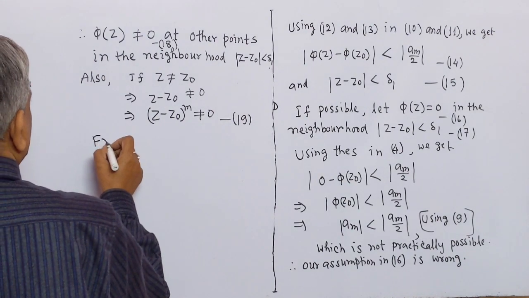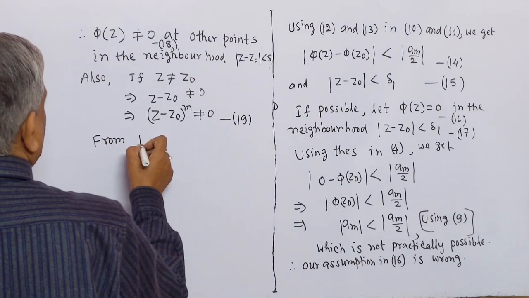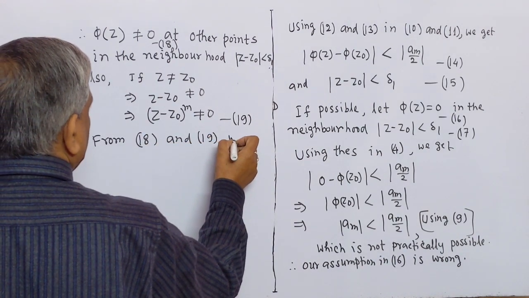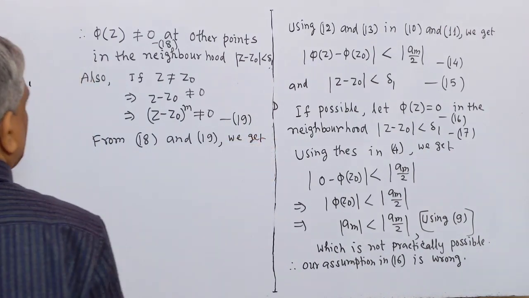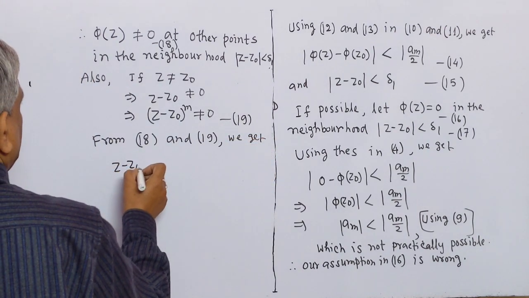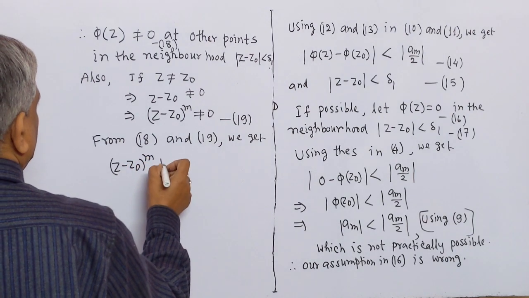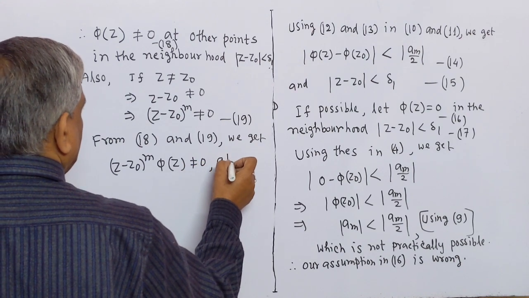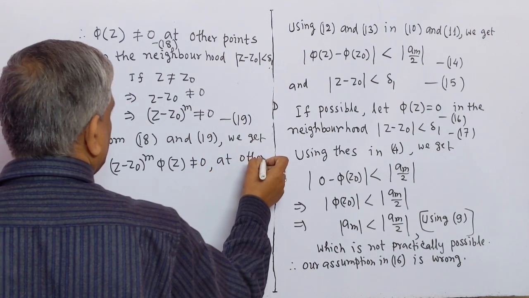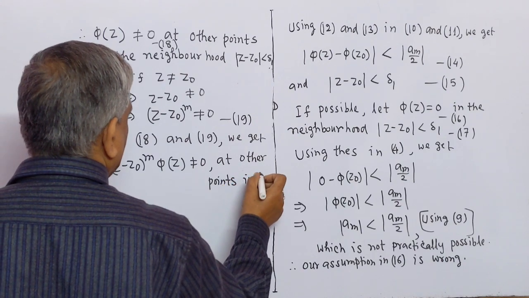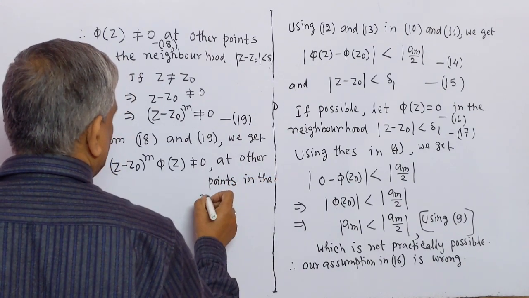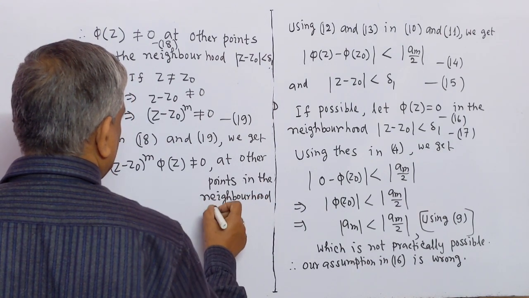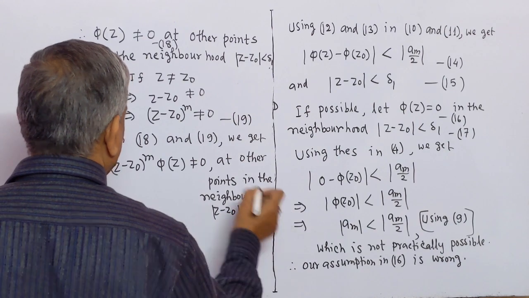From 18 and 19 we get (z minus z0) to the power m times phi(z), that is f(z), not equal to 0 at other points in the neighborhood modulus of z minus z0 less than delta 1.